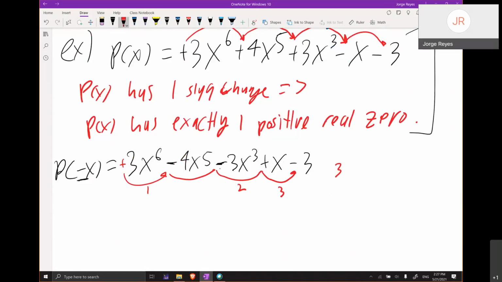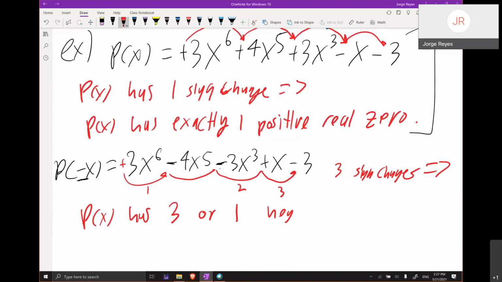So there are 3 sign changes. Okay, so that means P of X has 3 or 1 negative real zeros. So again, I could have 3 negative zeros, but I could only have 1 positive real zero. So you should probably be guessing negative numbers.